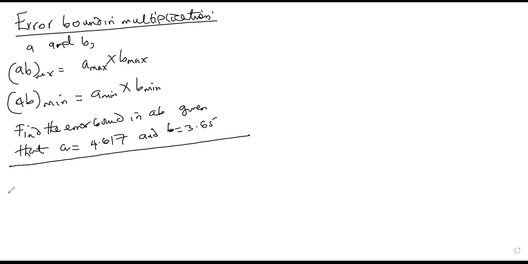So you first need to get the maximum value, or what you can call AB maximum. To get the maximum value, we maximize everything. So it will be A maximum times B maximum.